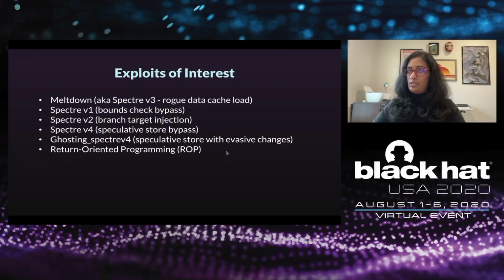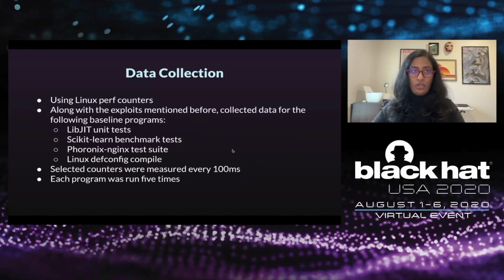We were also curious to see if we can detect ROP and stack pivot attacks using these same undocumented features, and surprisingly, we could. Let's see how. For the data collection, we are using Linux perf counters, of course.